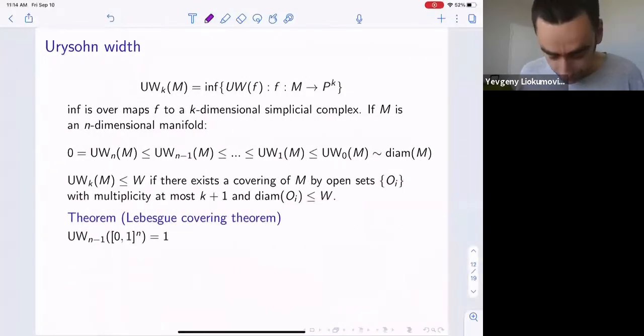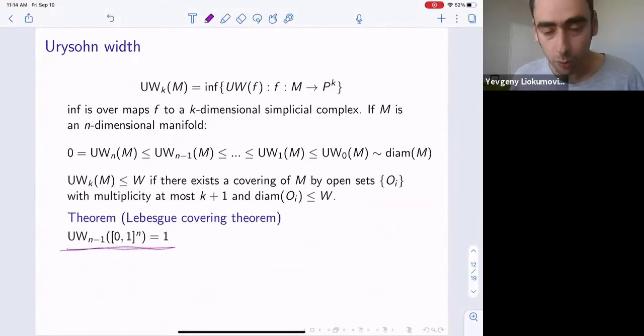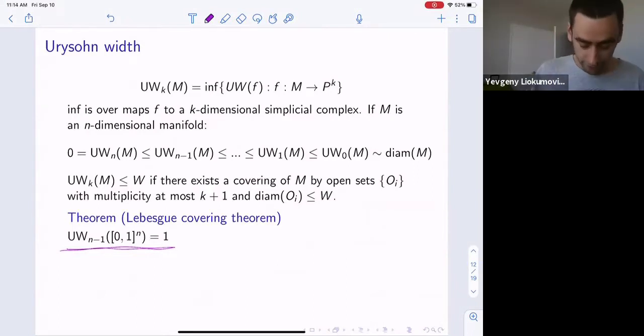And the Lebesgue covering theorem tells us that the unit cube has exactly this property. The n-dimensional Urysohn width is 0, but the (n-1)-dimensional Urysohn width is 1. You cannot cover your cube with overlap at most n, such that all open sets are tiny.